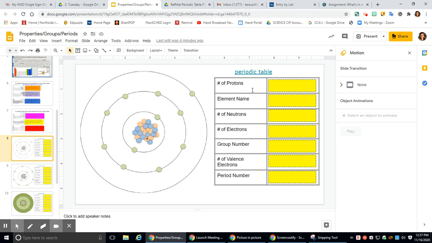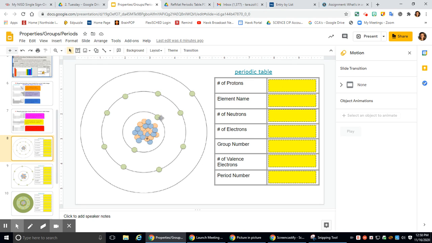So let's use the information on the periodic table to fill in the boxes by looking at the Bohr model. So number of protons. Here this image is telling me I have positive protons, but it's a little difficult for me to count those protons. But I know the number of protons equals electrons.